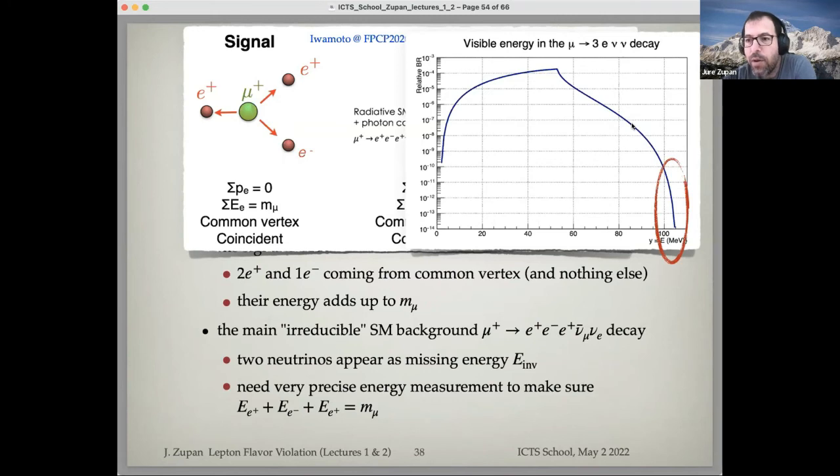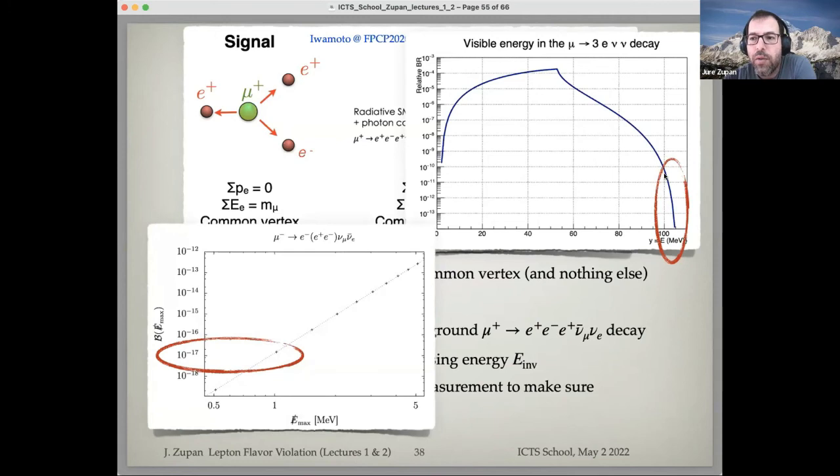All right, so now if we convert this into what you actually need to measure, let's look at this region, but convert into a different quantity. So integrate the branching ratio of mu to 3e nu nu-bar over the missing energy and make a cut.